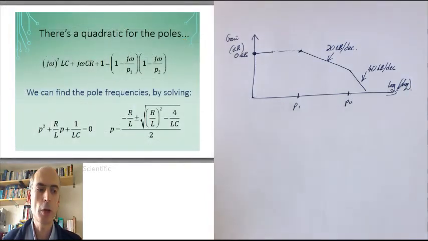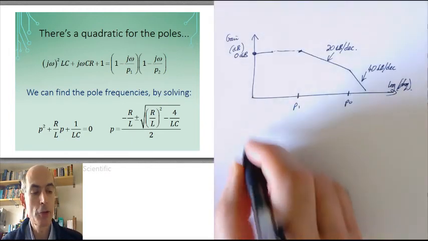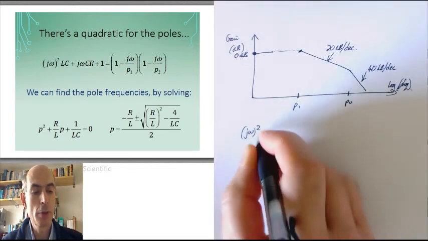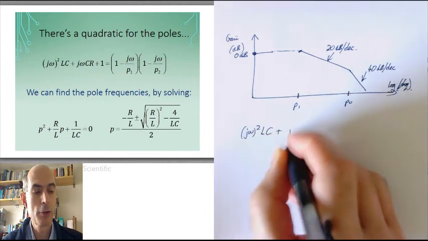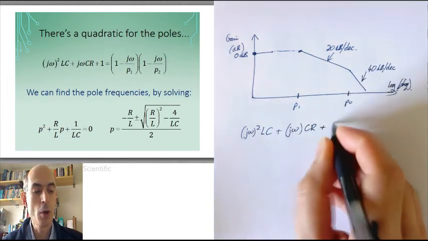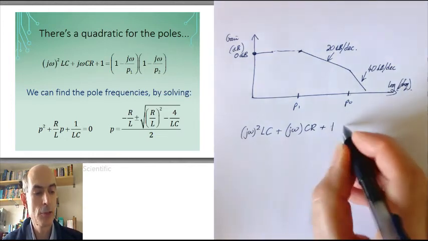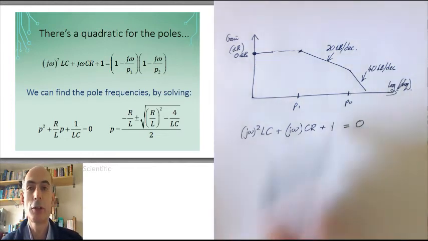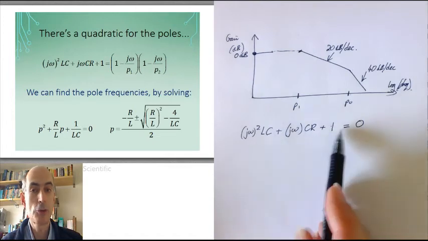To work out where these pole break frequencies are, we have to work out where the poles are, and that means solving the quadratic equation on the denominator of the frequency response. In this particular case, our quadratic equation was j omega squared LC plus j omega times CR plus 1 on the denominator. Set that equal to 0 to find its roots. That's a quadratic equation.